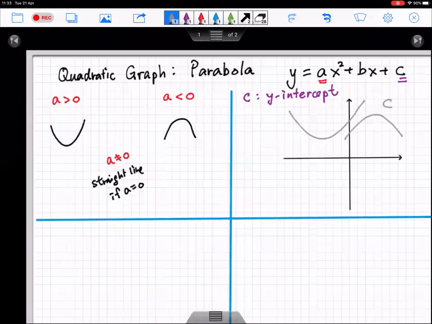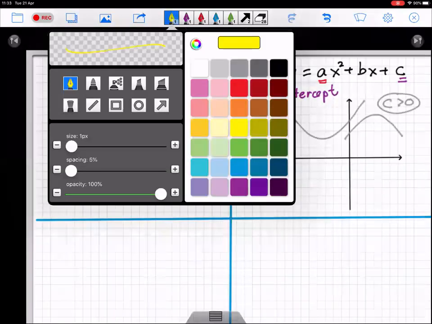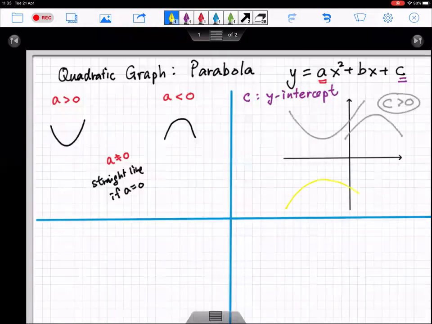This is c greater than zero, all right? We have this, all right? On the other hand, if the y-intercept is a negative number, right, then we have negative c. These will be the graphs with negative c. All right, c is less than zero. When c is less than zero, we have graphs like this.